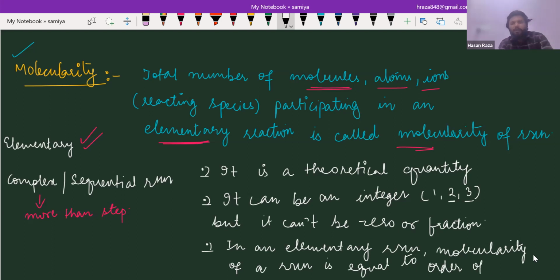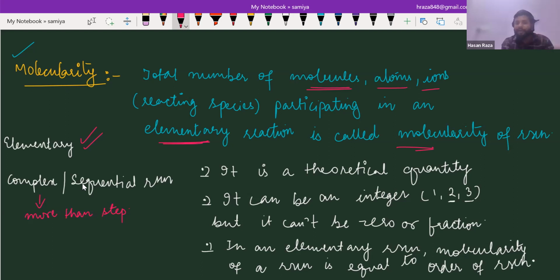You can have order of reaction of each state, and also you can have an overall order of reaction, but you cannot have overall molecularity.